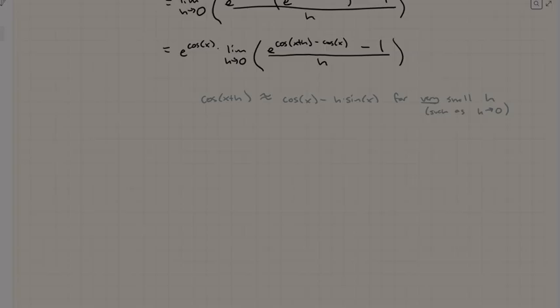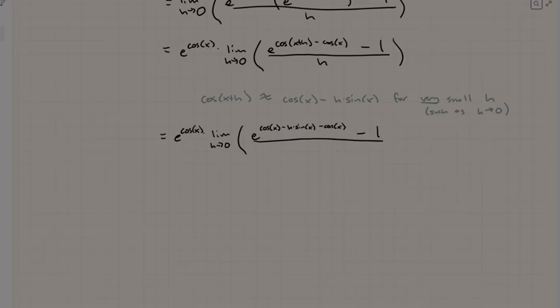So then let's see. So now what happens? Well, now we still got our e to the cosine x out front. Still got limit h approaching 0. Now instead of e to the power of cosine x plus h, we can call this e to the power of cosine x minus h times sine x, and then we also had that minus cosine x.